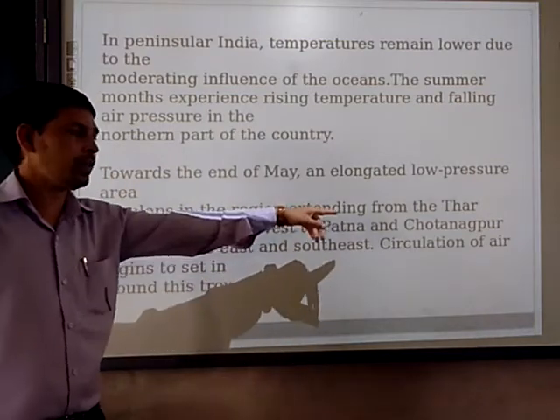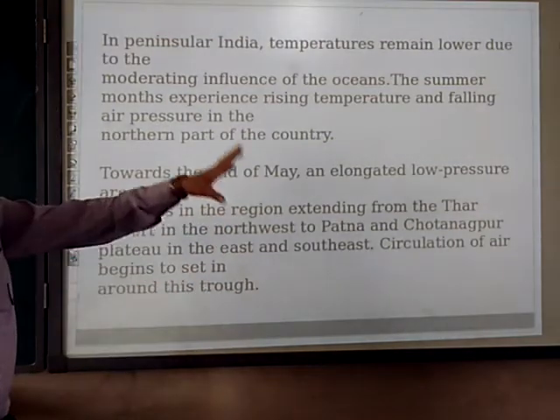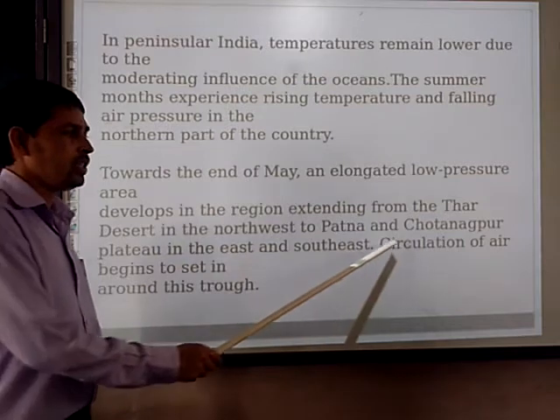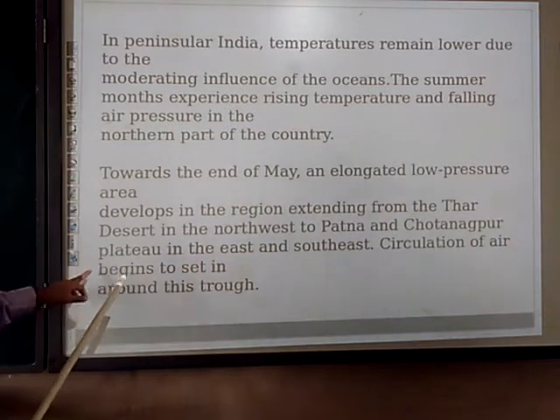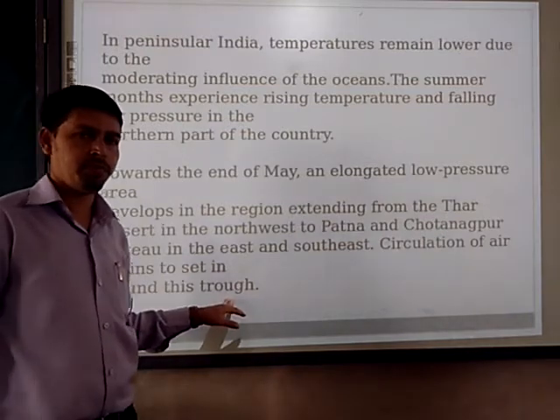Thar Desert, that means we are talking about Rajasthan, and Chota Nagpur Plateau, that means Madhya Pradesh, moving to Bihar, in the east and the southeast. Circulation of the air begins to set in around this trough.